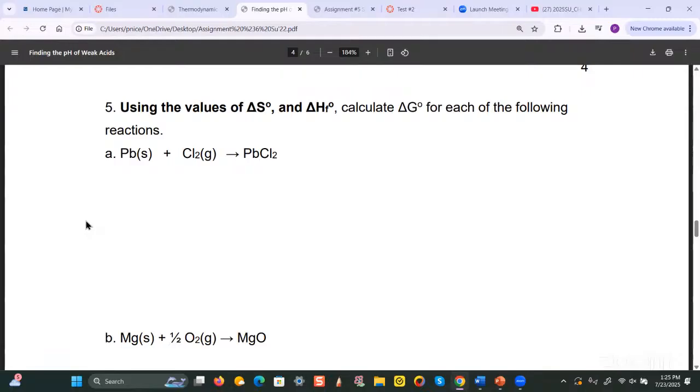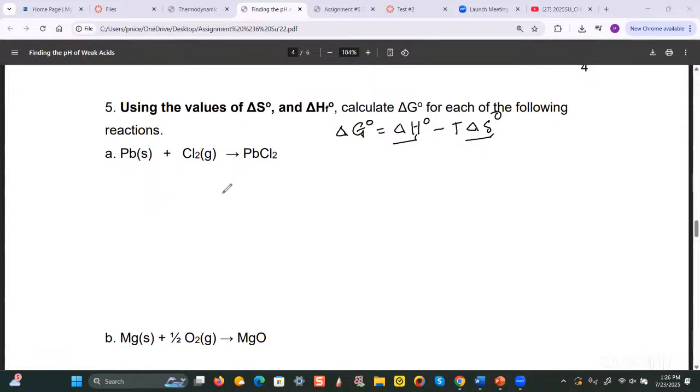Number 5 is asking you to use the values of standard delta S and delta Hf to calculate delta G. Based on the equation I introduced earlier, delta G standard is equal to delta H standard minus T delta S standard. Based on the delta H and the delta S you've calculated, plug those numbers into this equation and then find delta G.